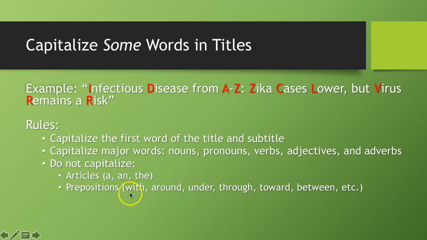Do not capitalize prepositions, the words that show relationship or direction with other words. So from, and some other prepositions: with, around, under, through, toward, between, etc. Notice how some of these words are quite long. That's another reason why the 4-letter rule doesn't work, because you would capitalize this word incorrectly because it's over 3 letters in length.